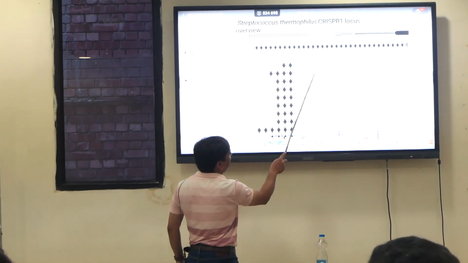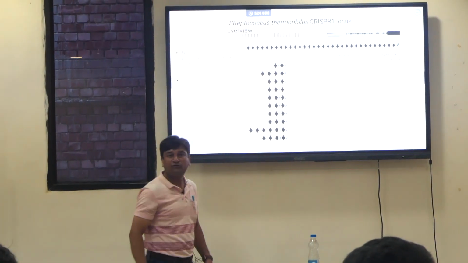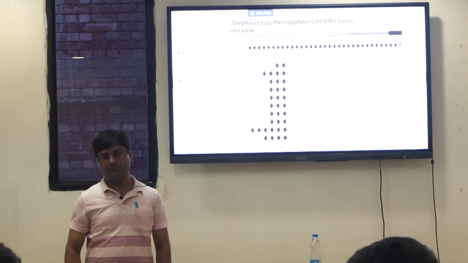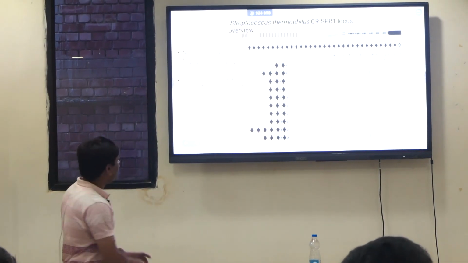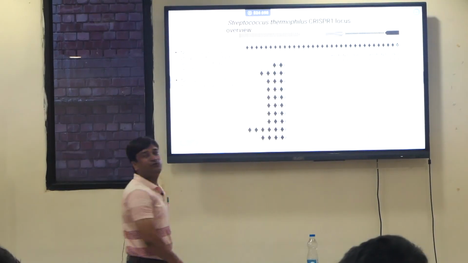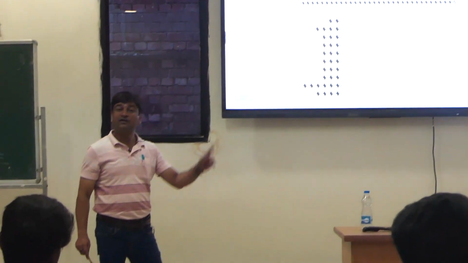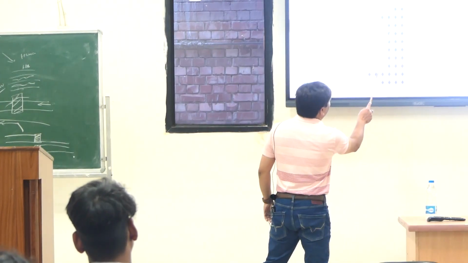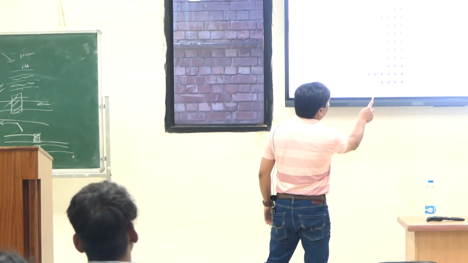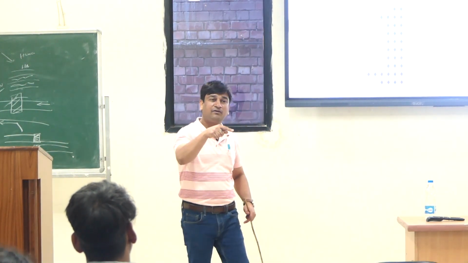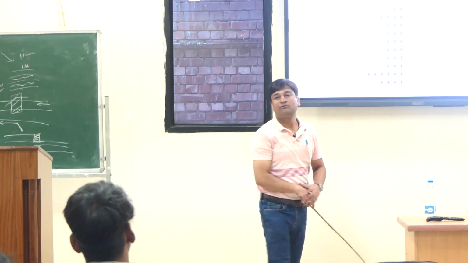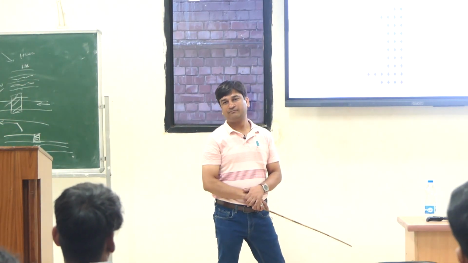This particular bacteria which incorporated S1 and S2 spacer sequences was resistant to this phage. Why? Because it had these S1 and S2 in the CRISPR-1 locus. Similarly, another spacer sequence S3 from the same phage 858 made these bacteria also resistant to phage 858.